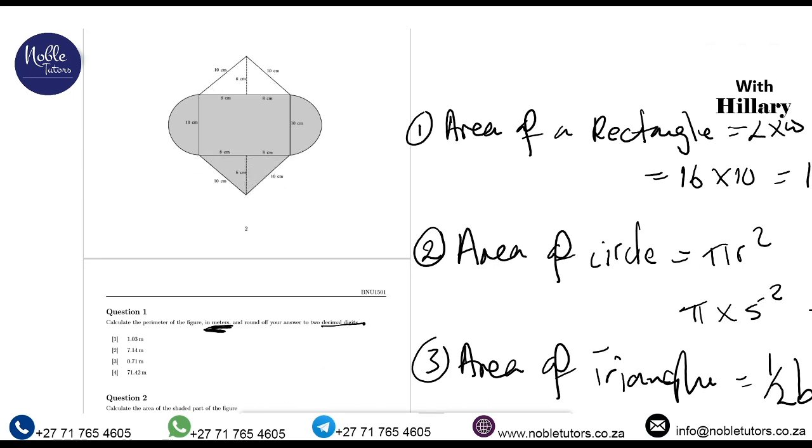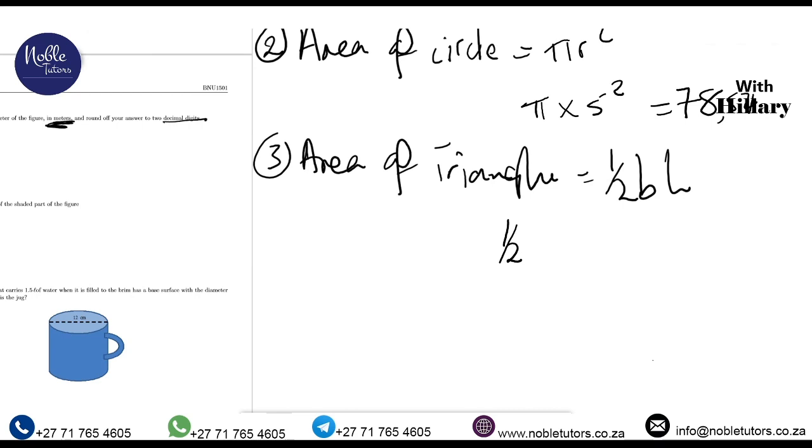So here, we are looking for the base, and the base is 16. So our base is 16, and our height is 6. So we are going to say half of 16 times 8, which will give us 48, which will give us 48 square centimeters.